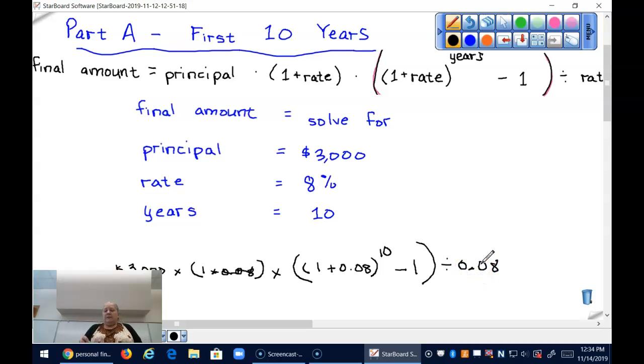Okay, now where I get lost is the big parentheses. Those big ones are the only ones you have to put in the calculator. The little ones just become a 1 point something.